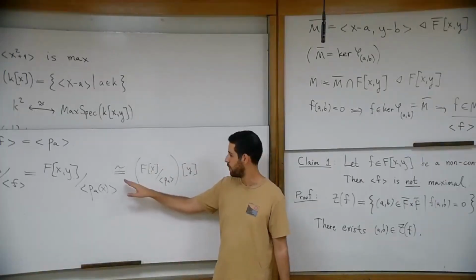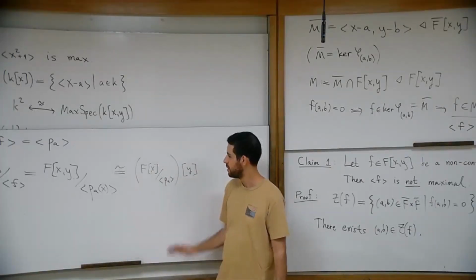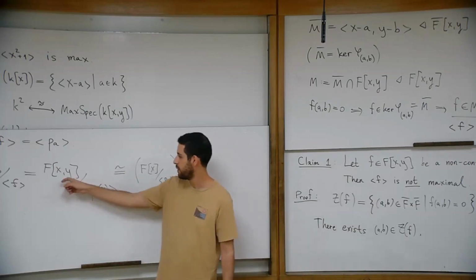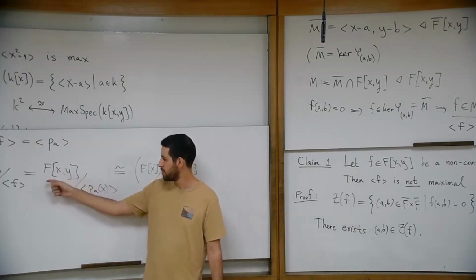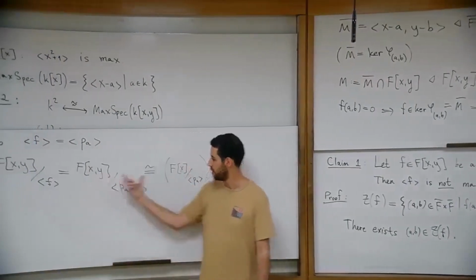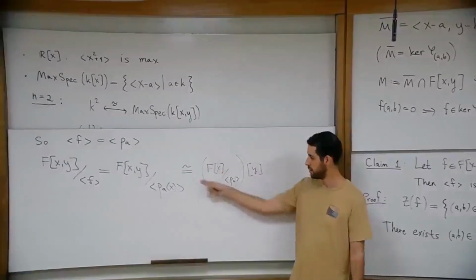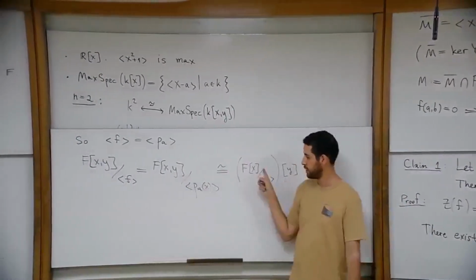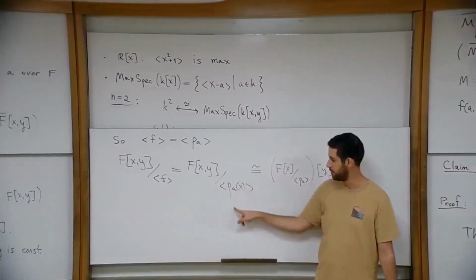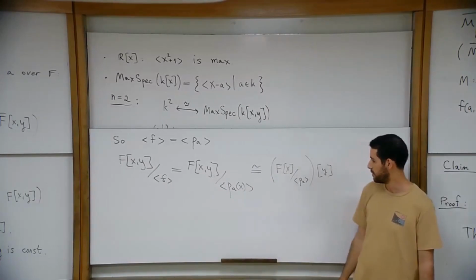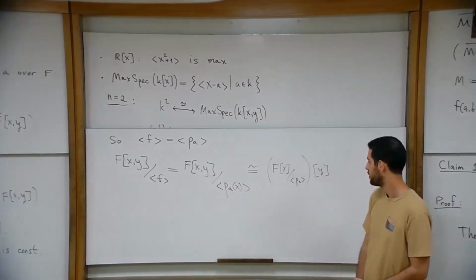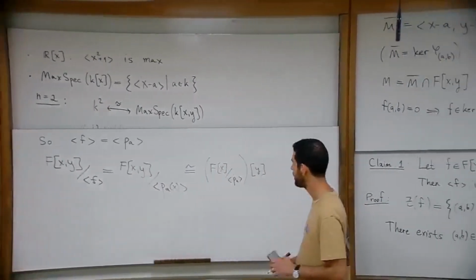So why is this true? I will leave it to you as an exercise, but one way to show it is to give a surjective ring homomorphism from F xy to the right-hand side, to show that it is surjective and that this is its kernel, and then again use the isomorphism theorem. So I leave it to you.